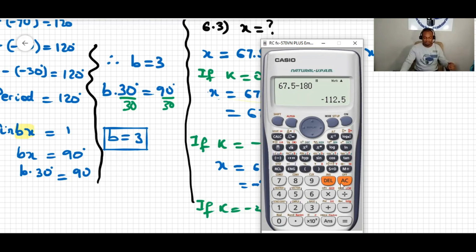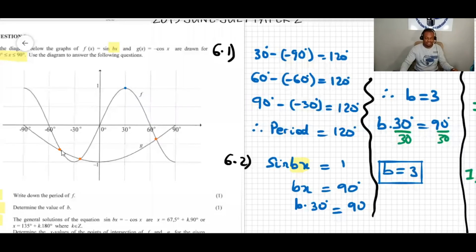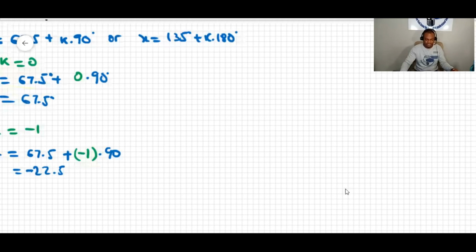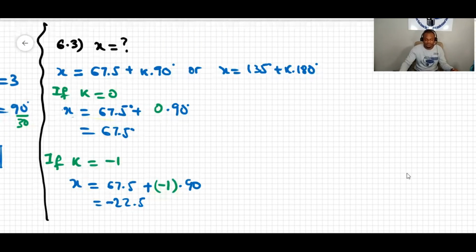I'll stop there. Now there is another intersection point, this one here. How can I get it? I can use the other general solution. Let's sub in a value of k. If I sub in 0, I know it's going to be 135, which is beyond the upper bound of 90 degrees. So I can take a value of -1.